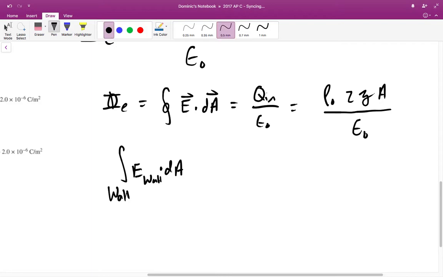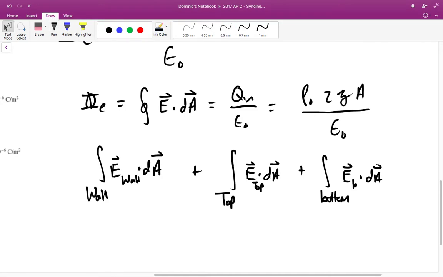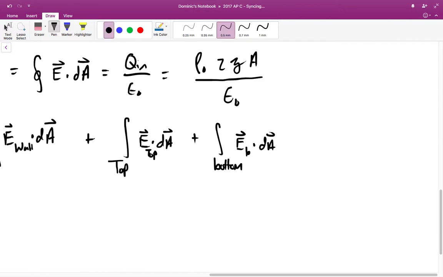And then we're going to add that to the integral of the top, E of the top dot dA, plus the integral of the bottom, E of the bottom dot dA. Okay. All of that is equal to, again, this right side stuff.